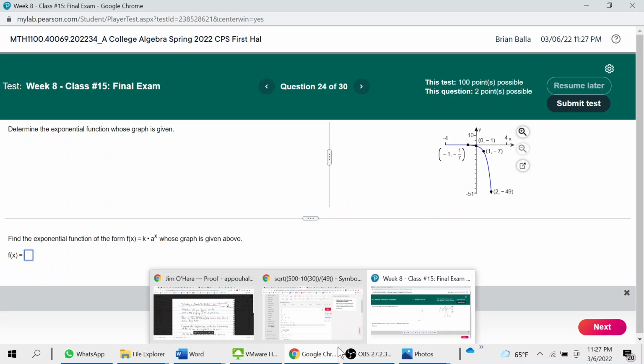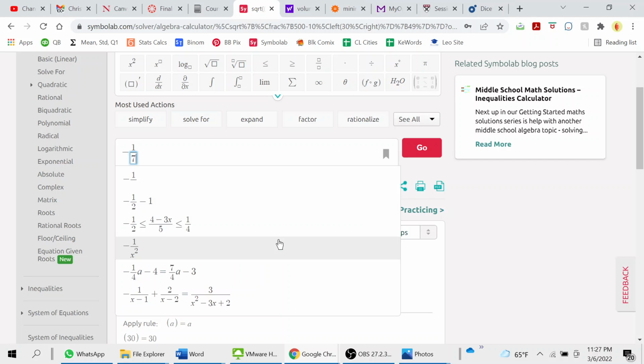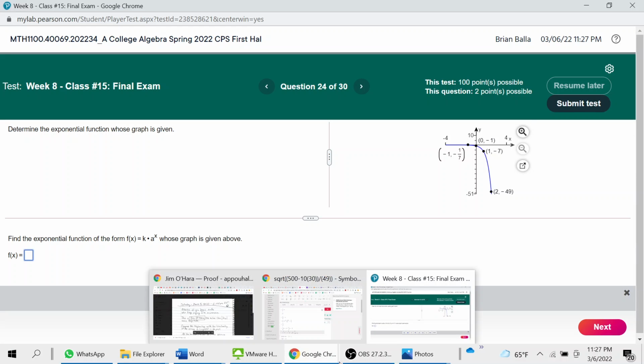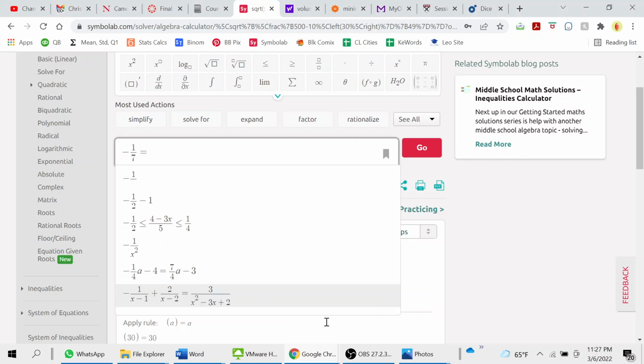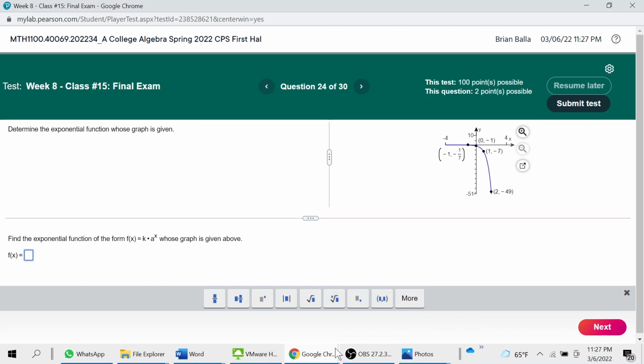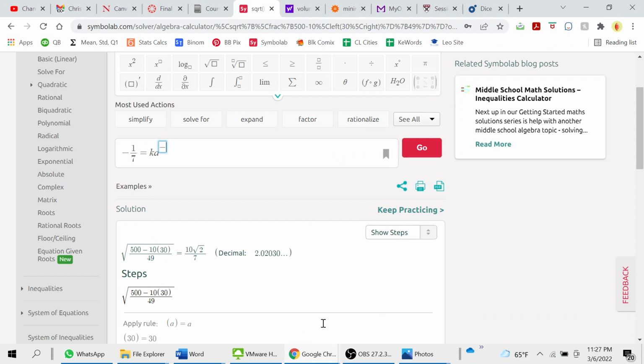Okay, so here's the thing. Okay, so let's see. -1/7 equals ka to the x is -1.